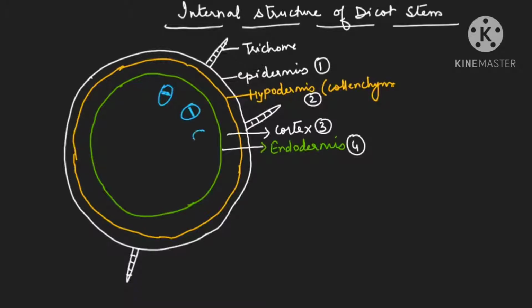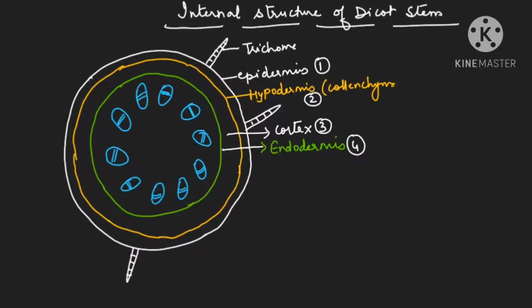The vascular bundles are conjoint, collateral and open, and they are present in the form of a ring. You can see in this diagram it is coming in the form of a ring only.